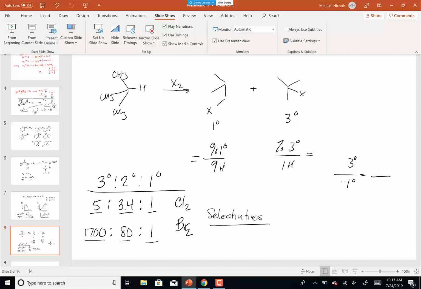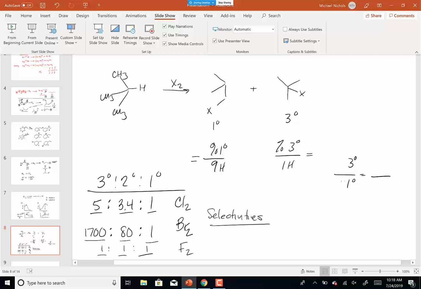And the problem is, they're different. If I could do fluorination, they would be 1 to 1 to 1. I would form the radicals at the same rate.